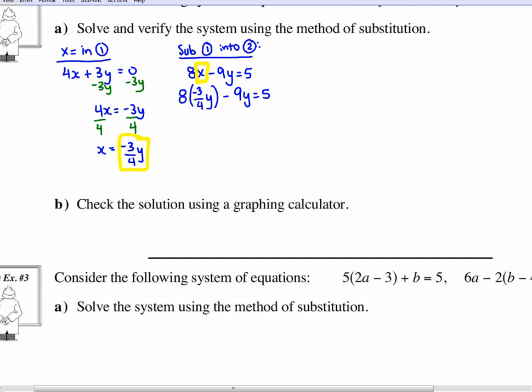Okay, this is fun. What's 8 times negative 3 over 4? Negative 6, because 8 divided by 4 is 2, and 2 times negative 3. Or you can type that in if you're not sure.